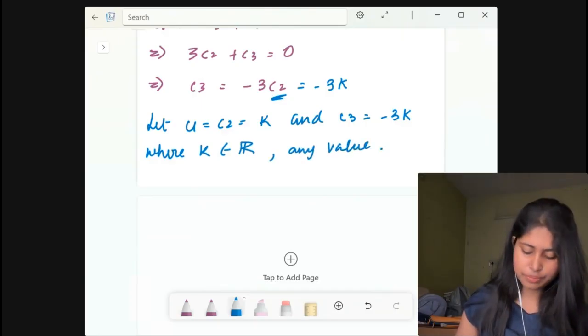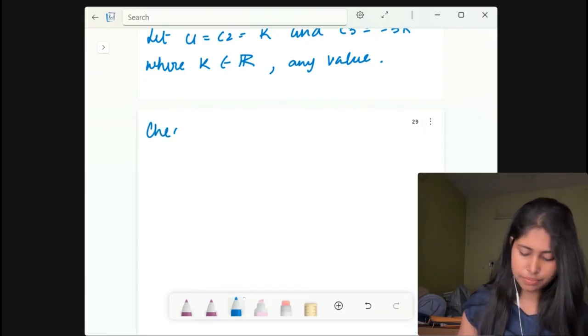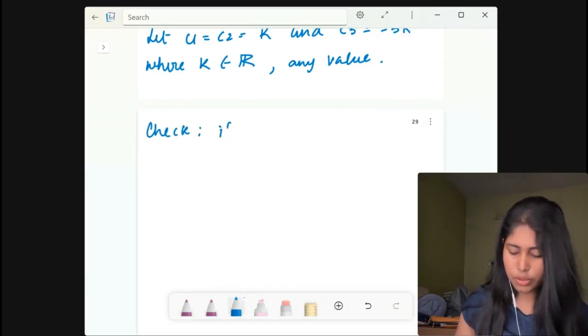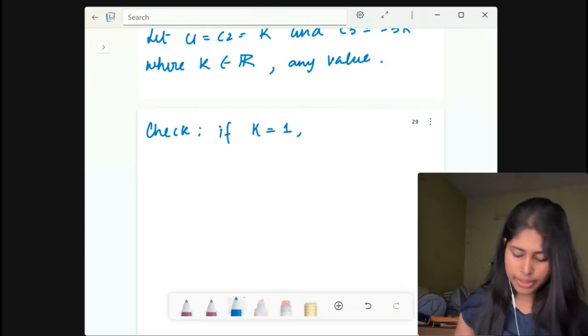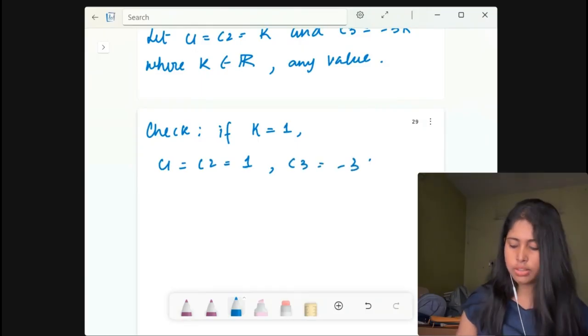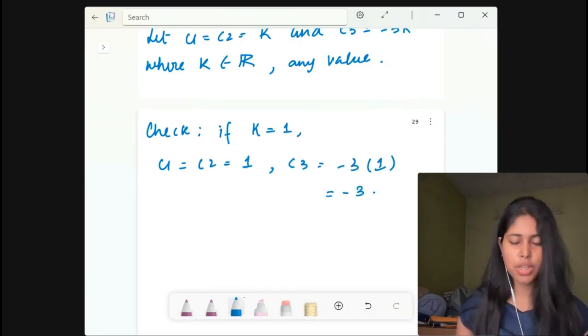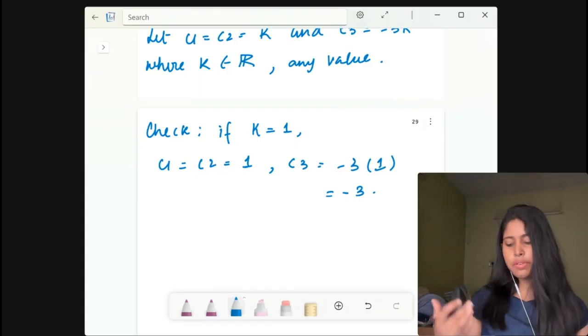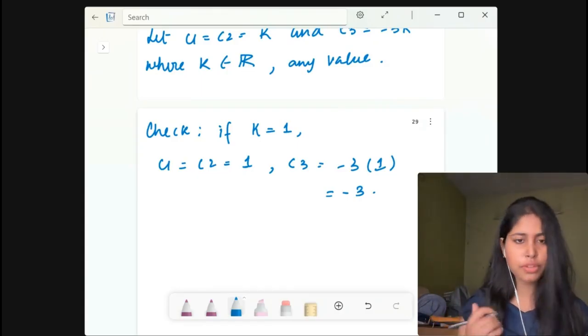Then check. If K is equal to 1, then we get C1 and C2 to be 1, and C3 to be minus 3 into 1, which will be minus 3. So now we have derived the scalars of this equation.